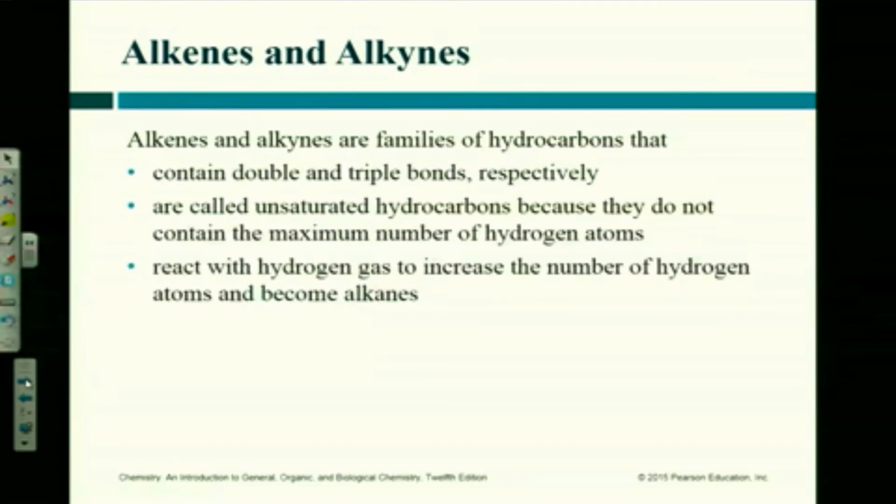Okay? Anybody ever heard of polyunsaturated fatty acids? Or fats, right? That means that it has lots of double bonds. Okay? Does that make sense? So when you hear that word unsaturated, it means it has double and triple bonds. We're going to talk about adding hydrogen to these bonds in a minute.